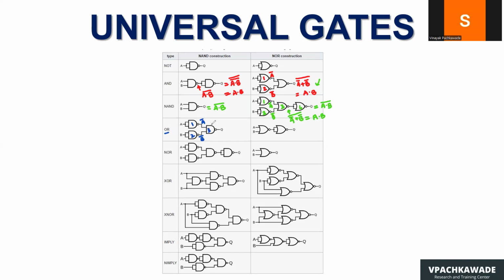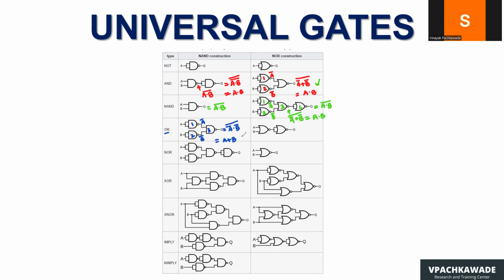Now this is gate number three, and the output here is the NAND of A bar and B bar. And therefore, again, by De Morgan's theorem, this expression can be solved as A or B, simply.